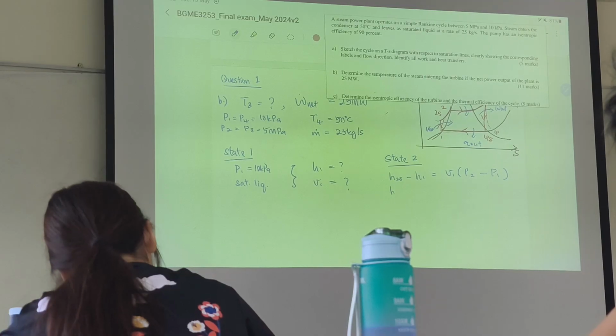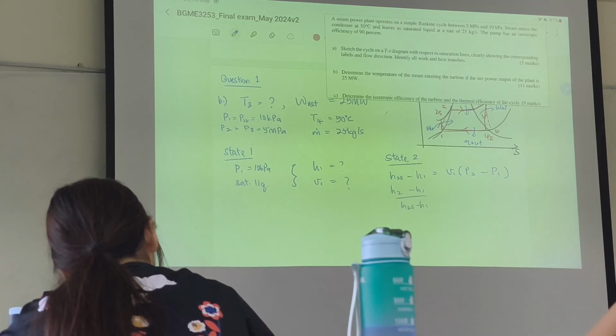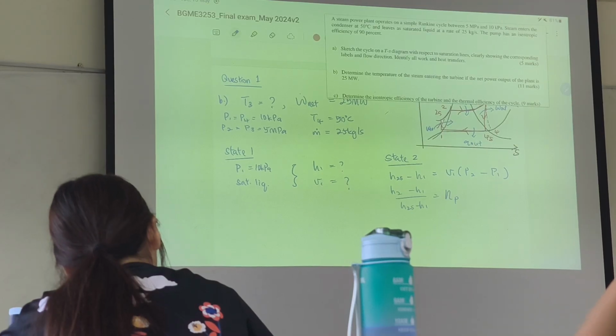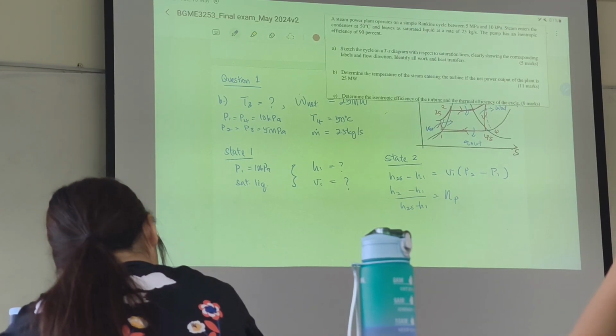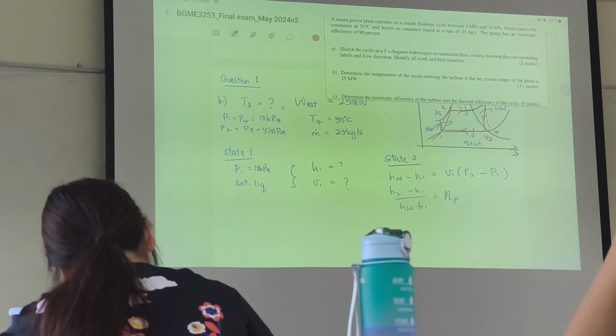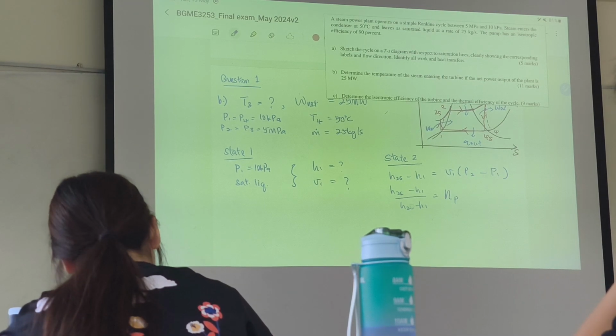And we know h2 minus h1 over h2s minus h1 is equal to the isentropic efficiency of the pump. So from here you can get h2.